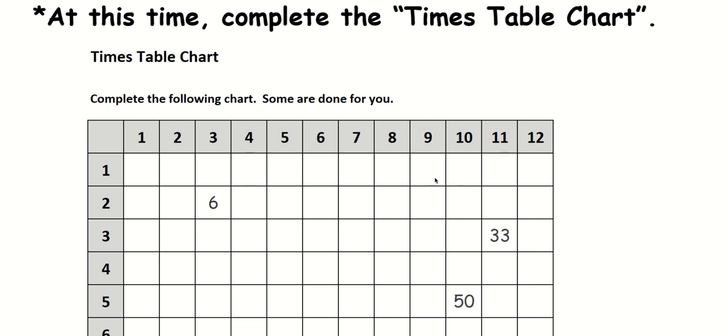And I hope you try this without a calculator. Do every single thing you can without a calculator, right? Like this spot right here is obviously 2 times 3. So just a freebie here. This box would be 3 times 2, which of course is also 6, right? But this is how this works, okay?